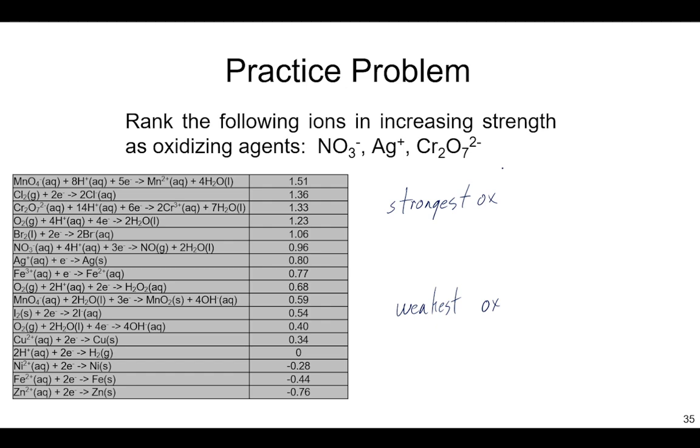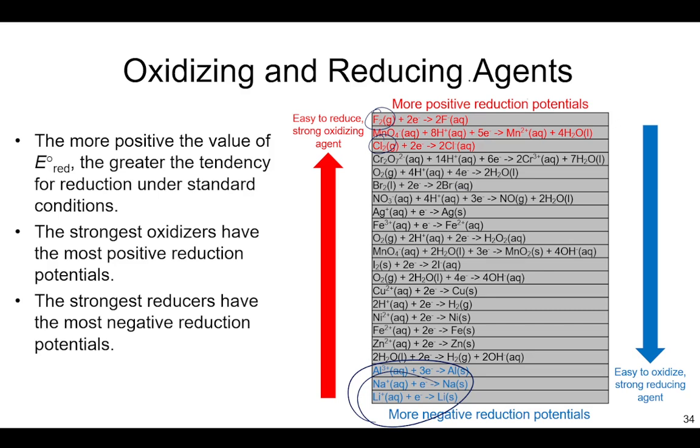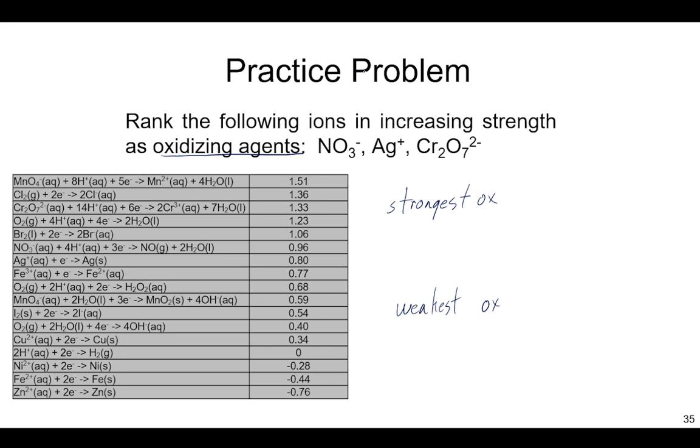If it's the strongest oxidizing agent, that means it wants to be reduced the most. And it is going to be towards the top of the table the most. That's where the strongest oxidizing agents are. Whereas the weakest oxidizing agent is going to be the thing that itself doesn't want to be reduced.